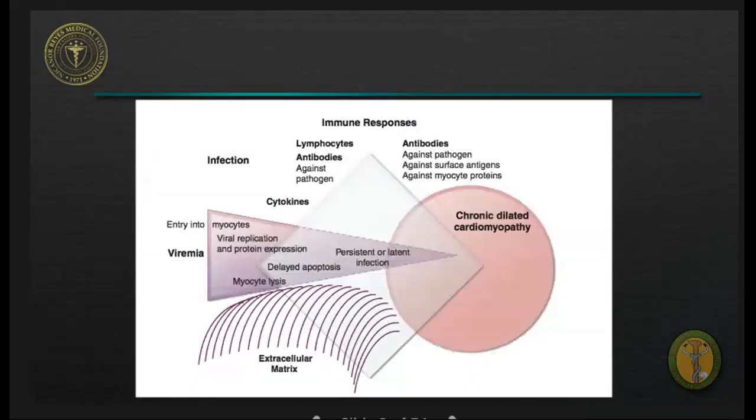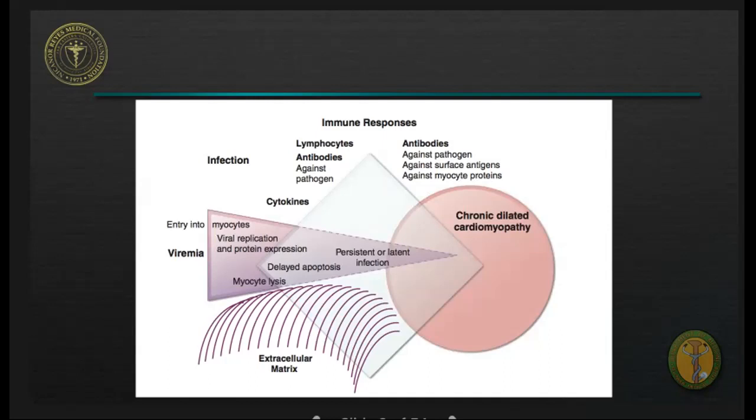This is a schematic diagram demonstrating the possible progression from infection through direct, secondary, and autoimmune responses to dilated cardiomyopathy. Most of the supporting evidence for this sequence is derived from animal models.